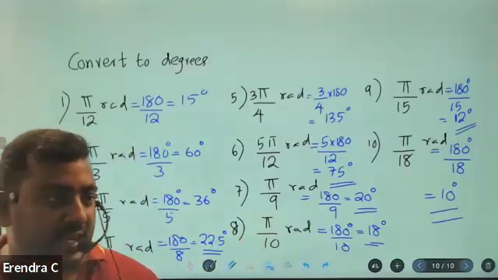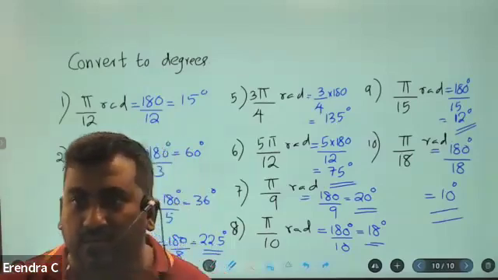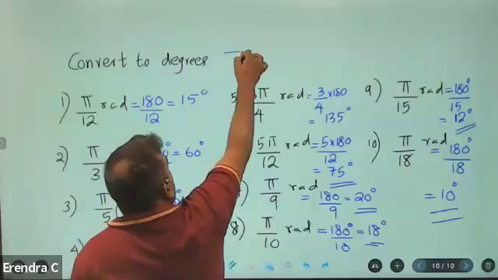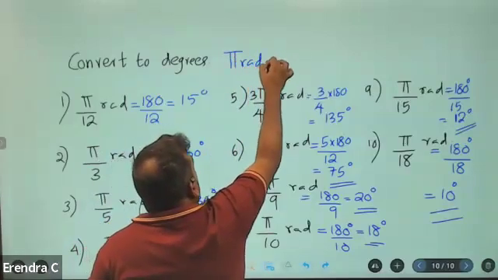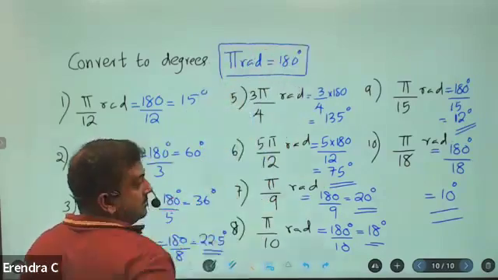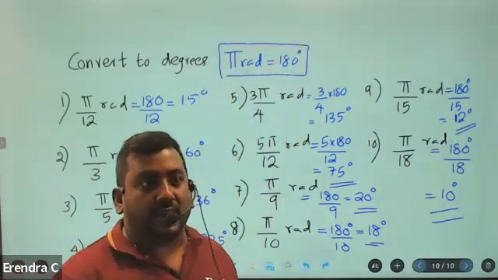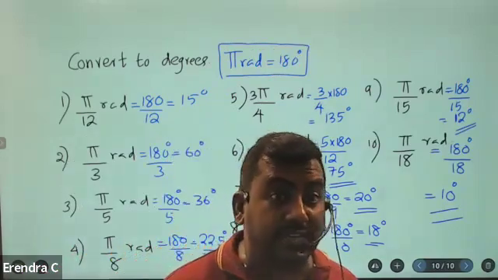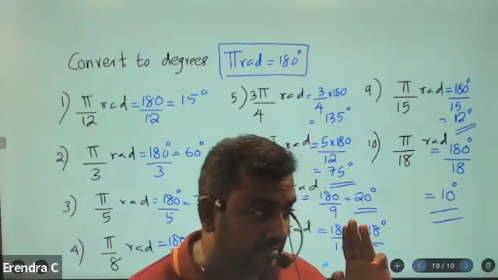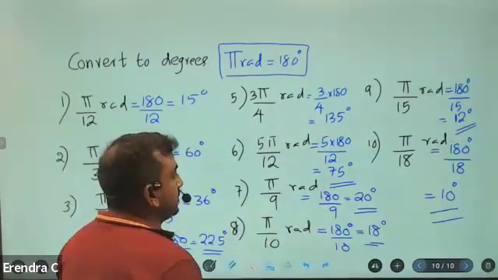Whatever they give in radians, you can now convert to degrees. What should you remember? Just a simple equation. Pi radian equals 180 degrees. So you have learned 7 fundamental quantities, 2 supplementary quantities, how to convert degrees to radians and radians to degrees. 3 things.